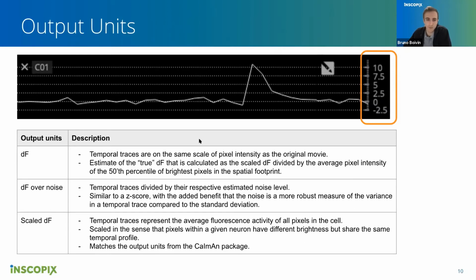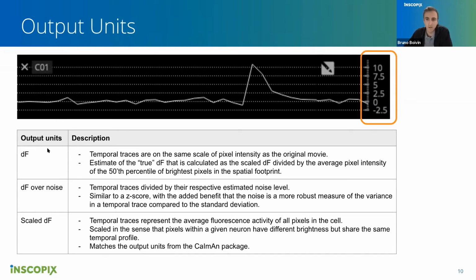So one way that we made it really clear is this drop-down menu that you have when you're running CNMFE, which allows you to specify the output units that you want to use. We're currently offering 3 different possibilities. The default is the one in the middle, DF over noise. So maybe just starting from the top.